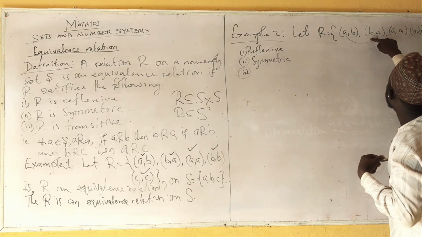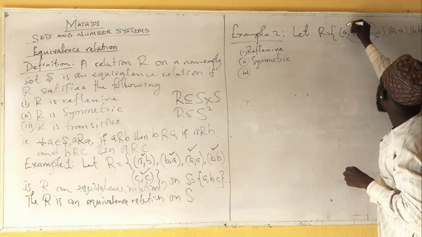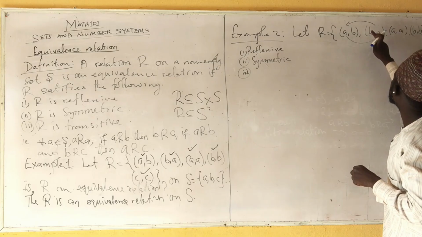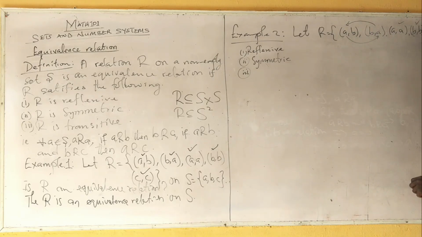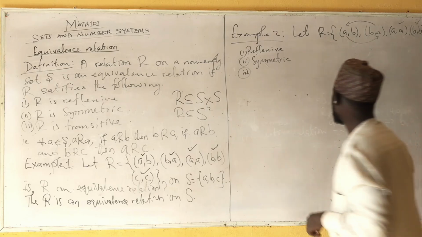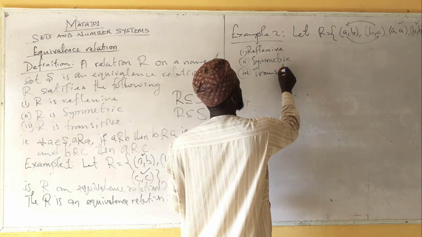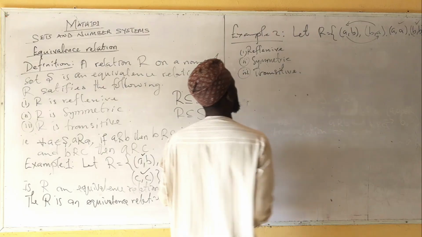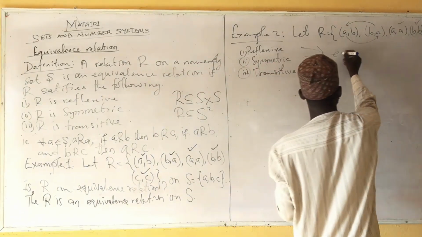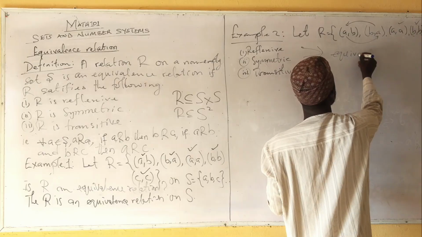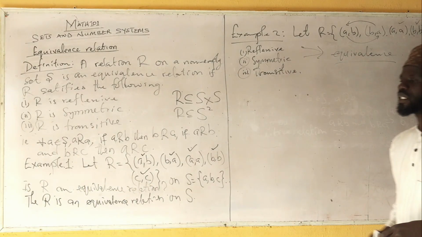We have B related to A and A is related to B. Therefore, we have B is related to B, and it is here in the relation. And so the relation is transitive. And therefore, this means the relation is an equivalence relation.